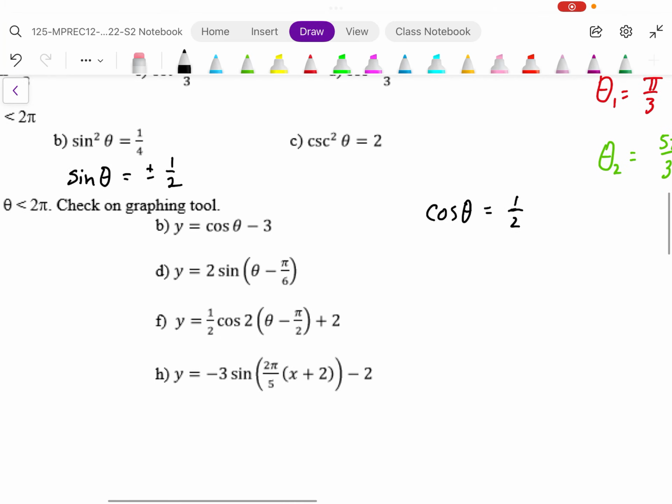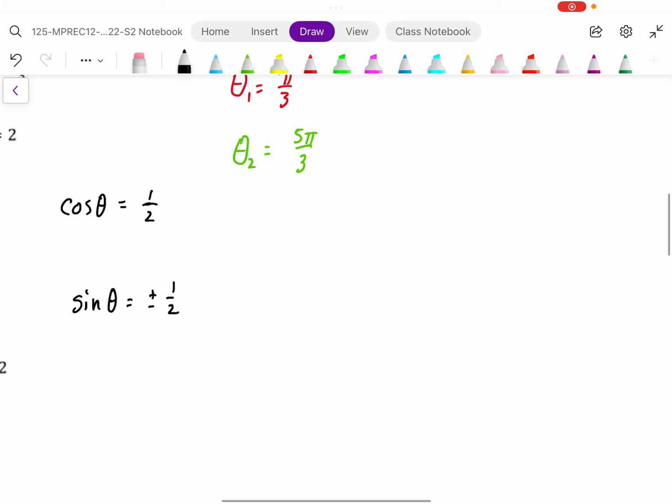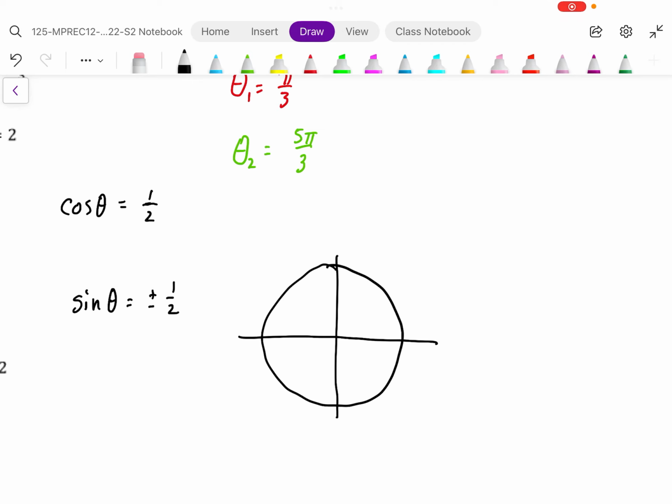So once we have sine theta equals plus minus 1/2, we're now going to draw this in the positive vertical position and the negative vertical position. The 1 is going to be the short side of the 30-60 triangle, so it's going to be 1 and 2 like that. Now it's going to be positive, so we can find that in quadrant 1 and 2.